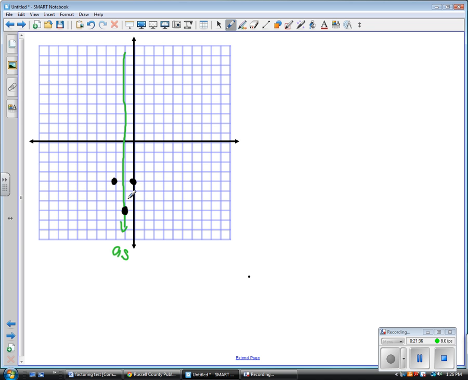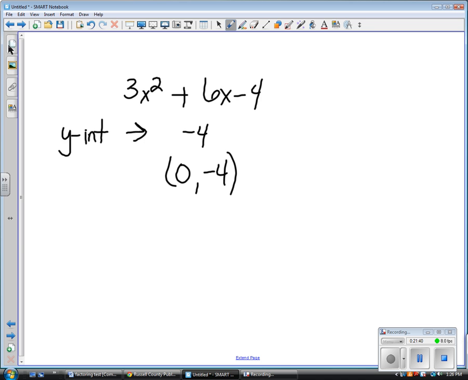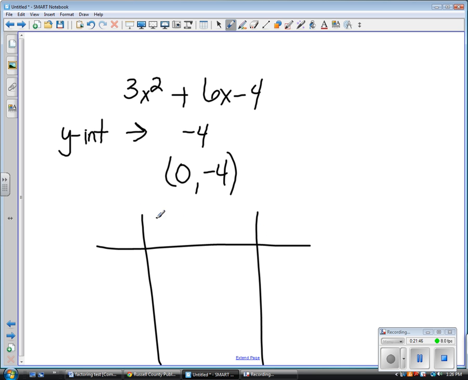I would like another point or two, just so we can see where we are. So if we look at a table, and I want to plug in my equation, 3x squared plus 6x minus 4. I've already used 0 for my x because we already plugged in 0 and we know we got -4 based upon the y-intercept, right?